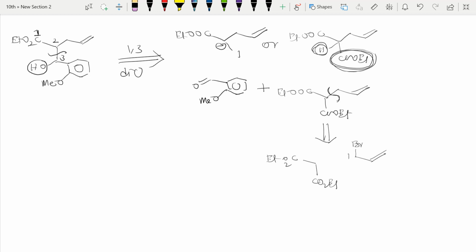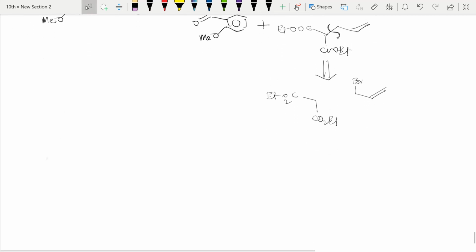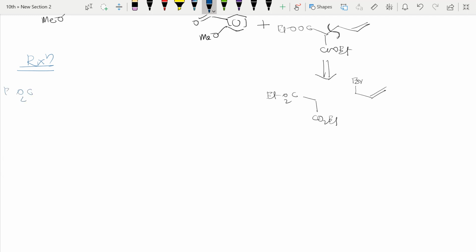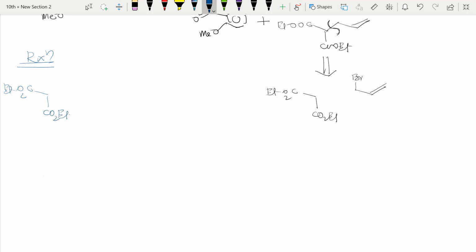I hope you got it. So this is the starting material. To write a reaction, I have to take these things only: CO2Et and here CO2Et, and here this proton is there and here Br is there, right?